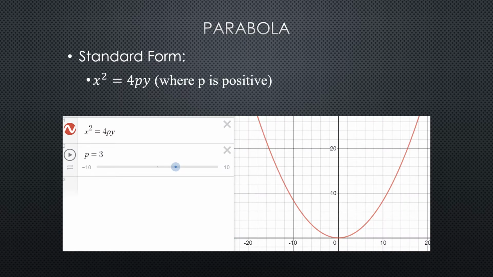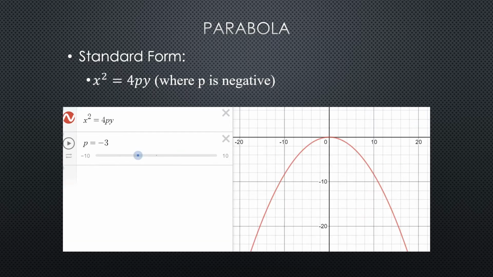And using Desmos, we can see if we've got x squared equals 4py, where p is a positive number, we get a parabola that is opening towards the positive y. And here we've got x squared equals 4py, where p is a negative number. We get the parabola opening towards the negative y.